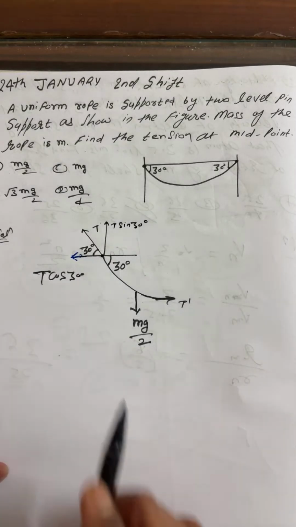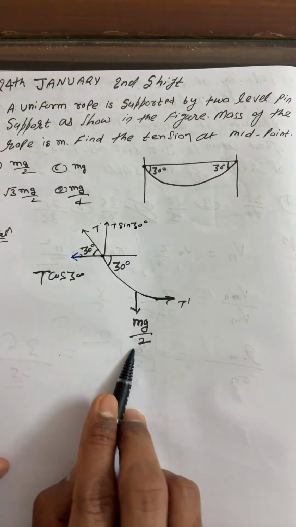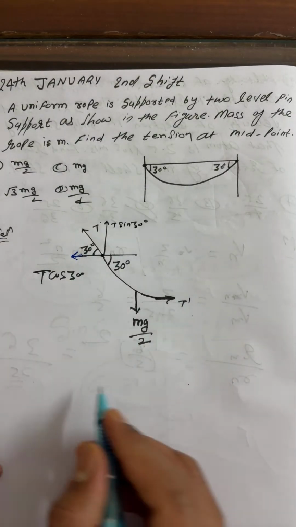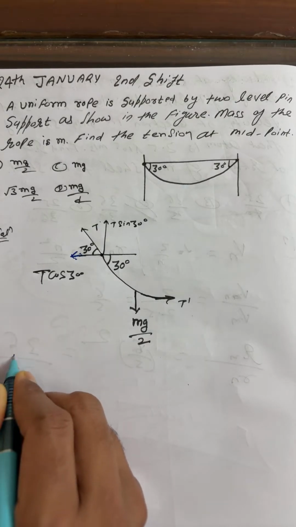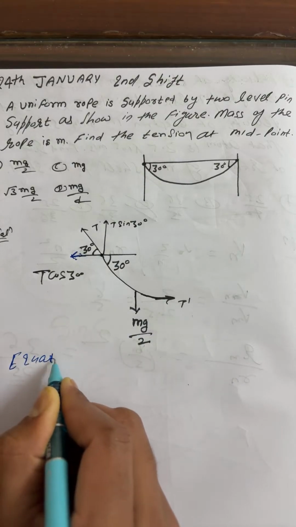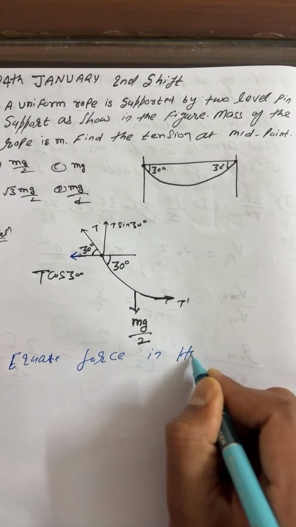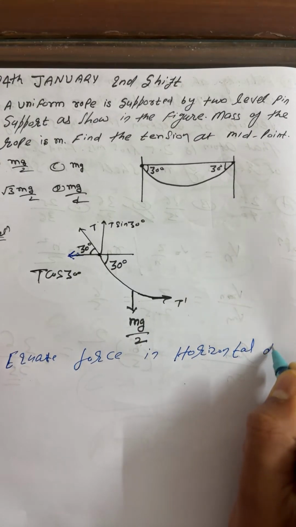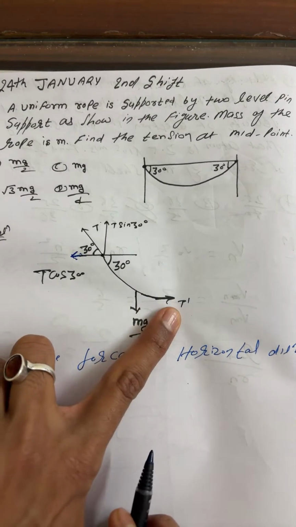Now simply equate the forces. The vertical force is equal to Mg by 2, and the horizontal force is equal to T dash. Equating forces in the horizontal direction, T cos 30 degrees is equal to T prime.